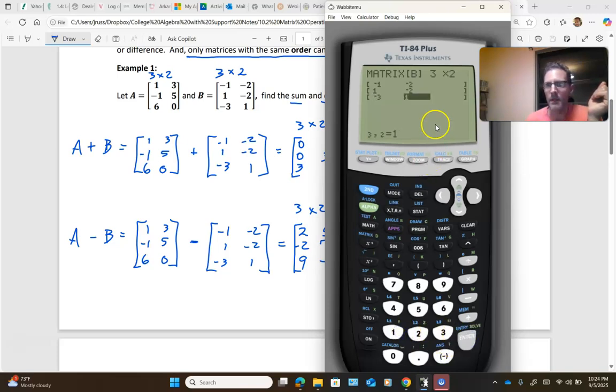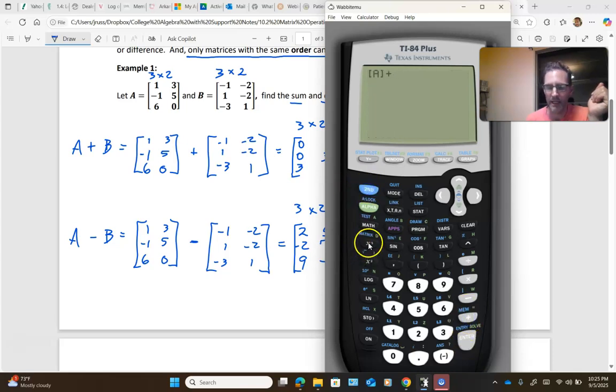Now remember, we need to quit this screen, so we're going to hit second mode. And now we need to tell the calculator to add A and B together. So we go back to our matrix screen. We just select A. We hit the plus sign.